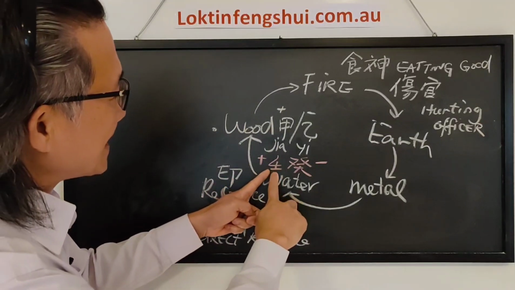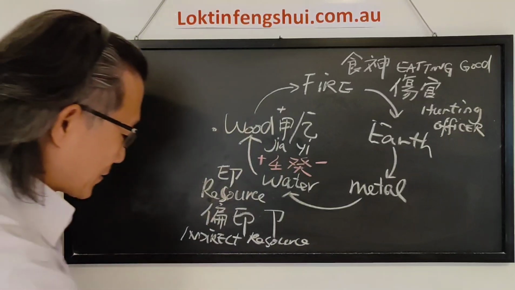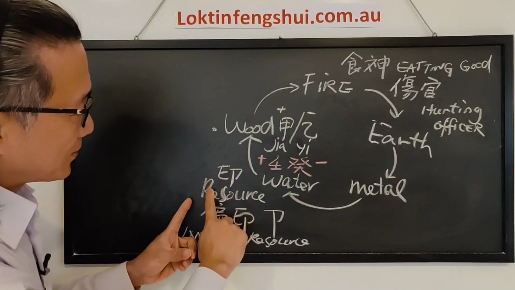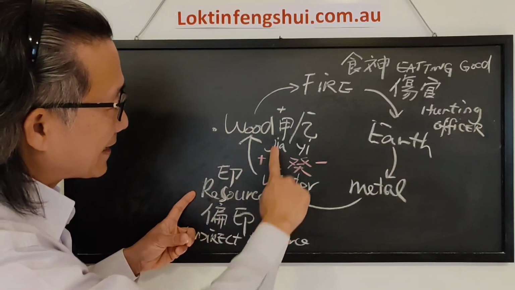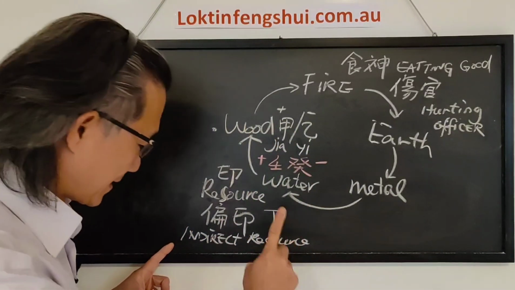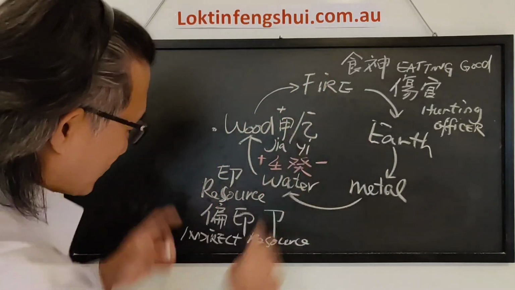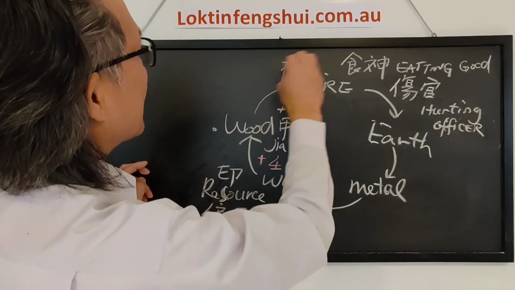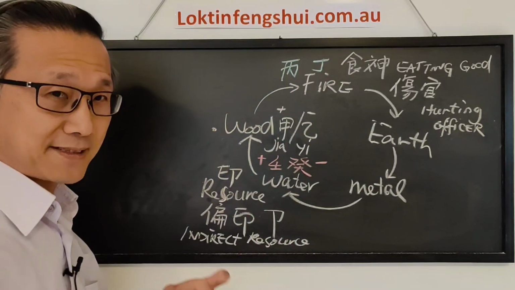If yang water produces yang wood, we call it indirect. So when it's one yin and one yang, it's called direct resources. And yang and yang, or yin and yin, is called indirect resources. Same here with the fire, which will be Bing and Ding. We have talked about the stems.